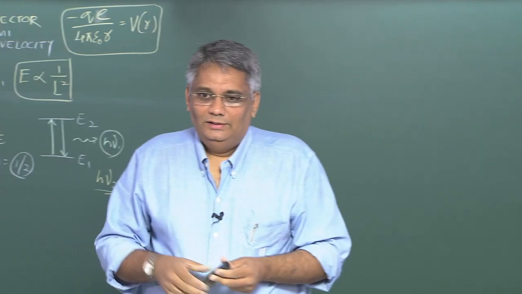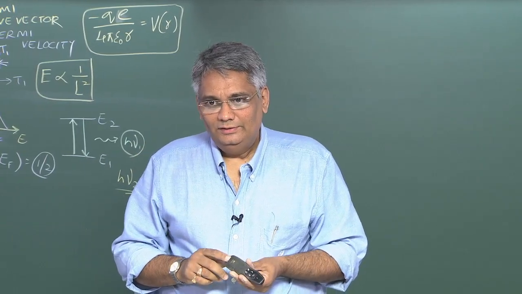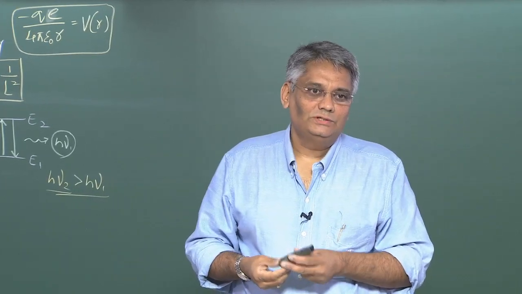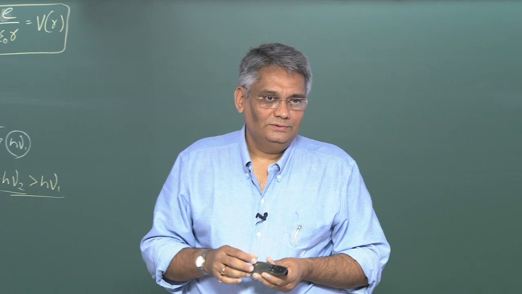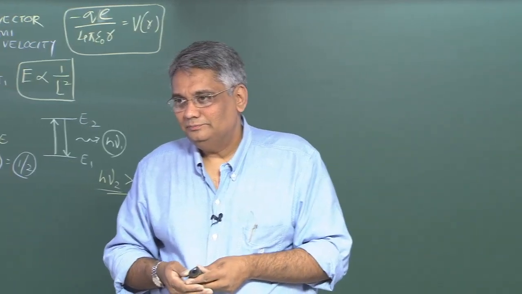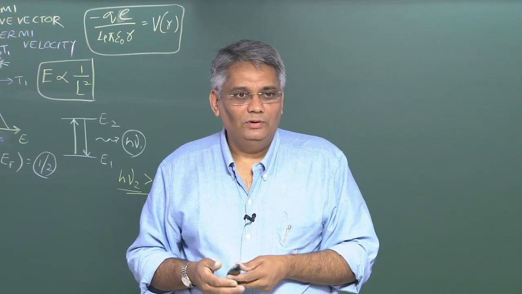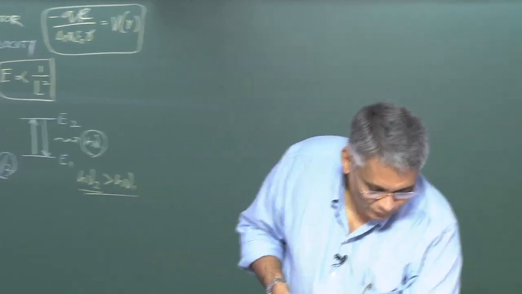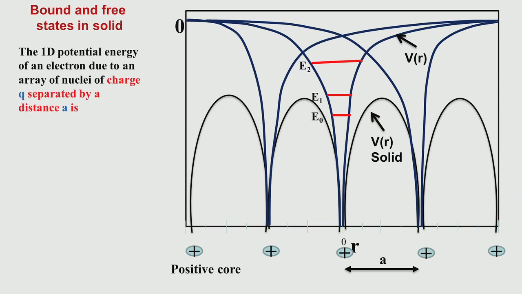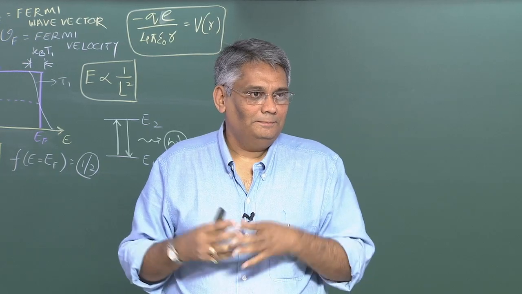Now the periodicity is defined by the lattice. Let us say that all the positive core atoms, the core shell, are arranged in a periodic way. Then you see what is called a periodic potential, like what is shown here. Now it's a one-dimensional potential energy of an electron due to an array of positive charges q separated by distance a.